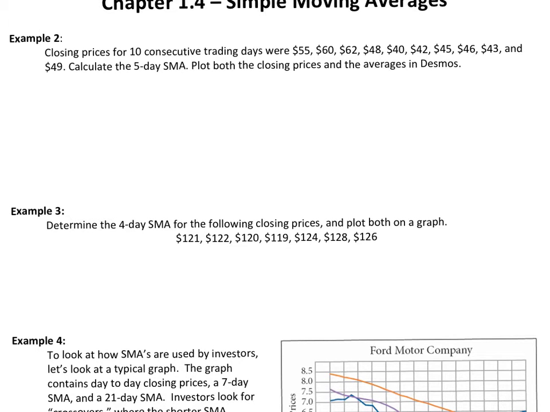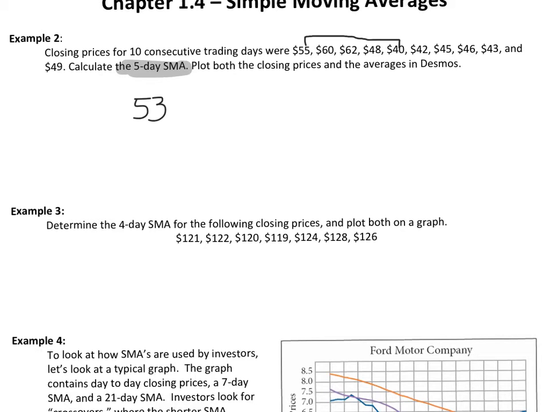Since this is a 5-day simple moving average, I'm going to do 5 days at a time. Luckily I have a couple colors here, so it makes it a little easier. I'll take the first 5 numbers and average them: 55 plus 60 plus 62 plus 48 plus 40, divided by 5 because it's a 5-day, and I get 53.